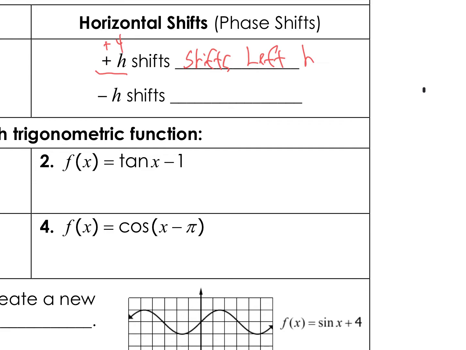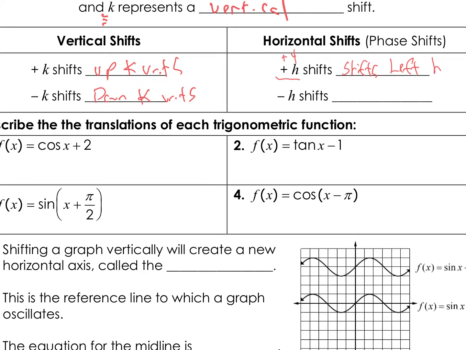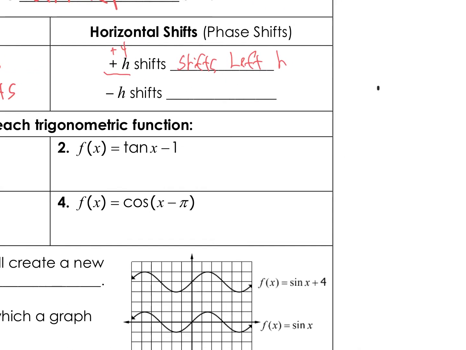Did he use the wrong letter? Oh, yes, he's using the H. That's right, horizontal. And minus H, the opposite, would be shifting to the right H units.